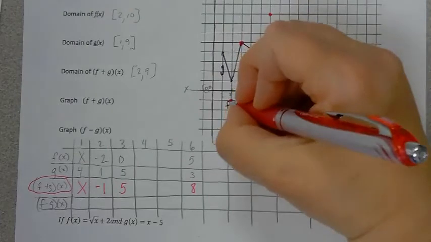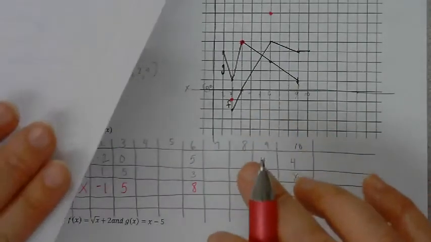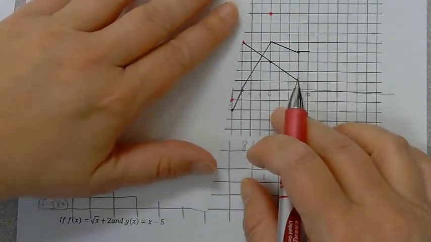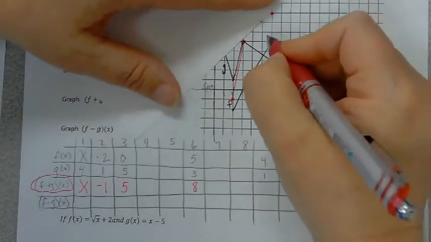So I'm going to go ahead and connect those dots. See if I can't find a straight edge here. I'm going to connect the dots here. Connect the dots here.